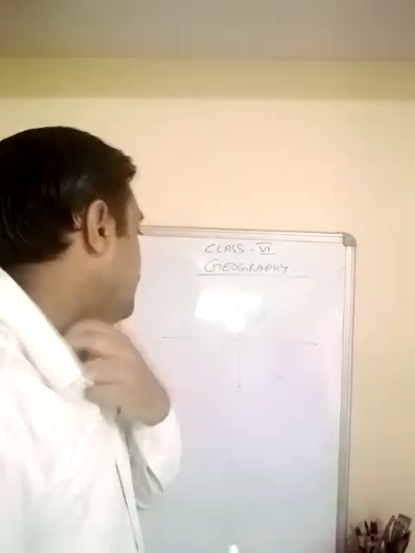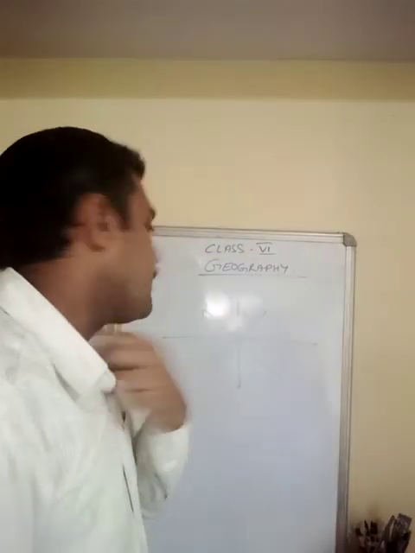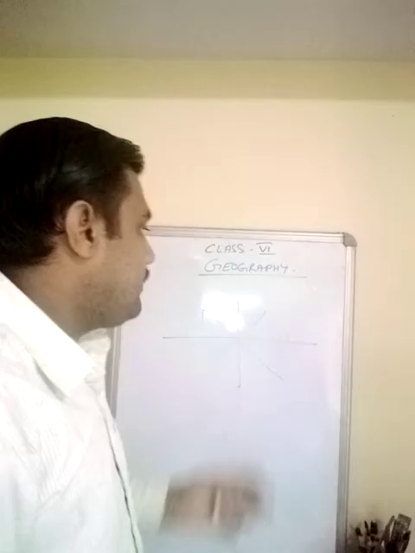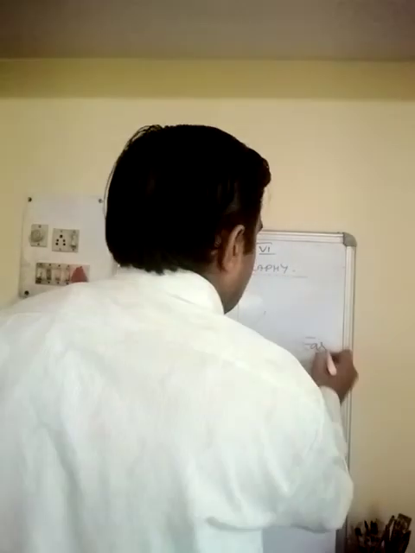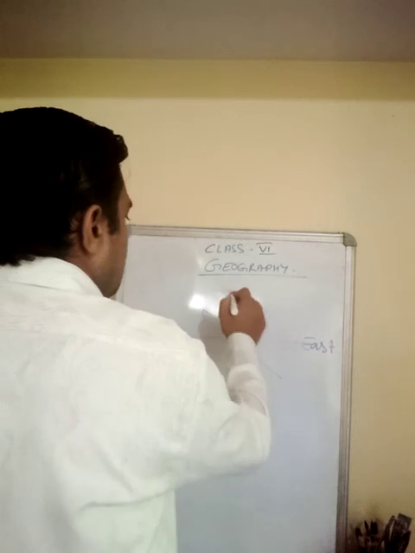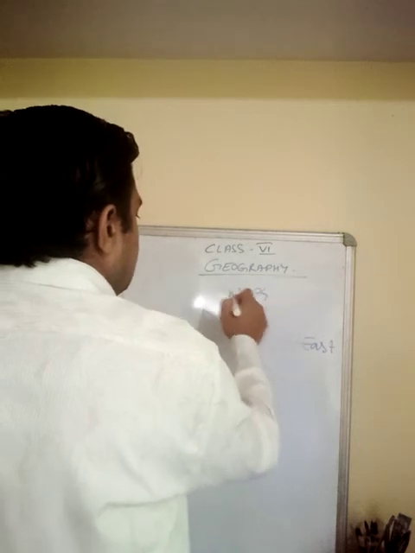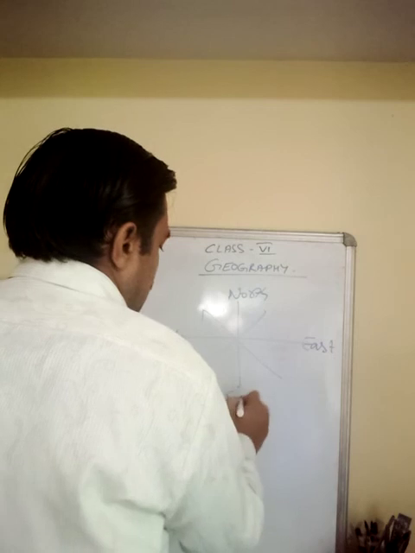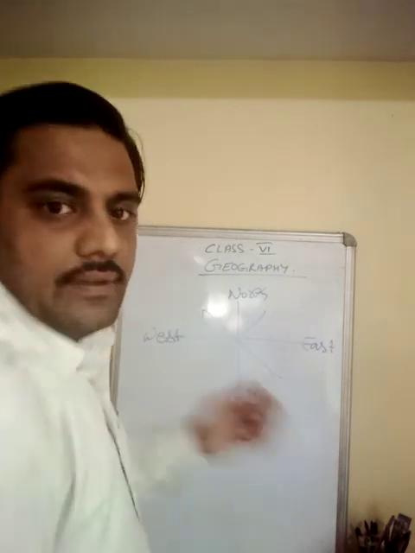Directions. Many students make very silly mistakes when it comes to direction. It's very simple. What's on your right is east, what's on the left is west, then north, and south. Please remember this one.